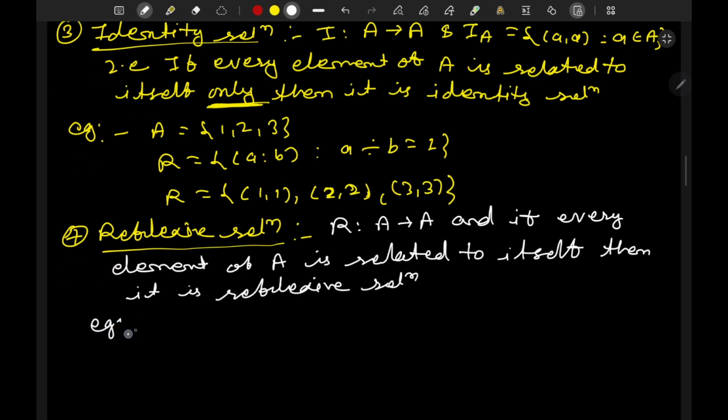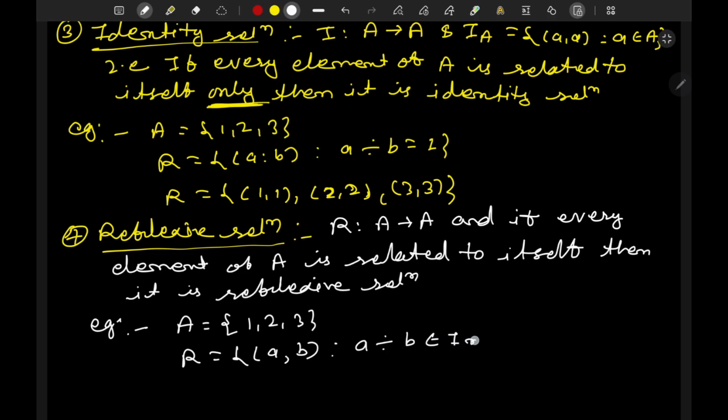Now an example: 1, 2, 3 and the relation (a, b) where a divided by b belongs to the integers.